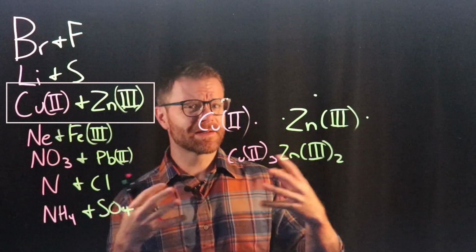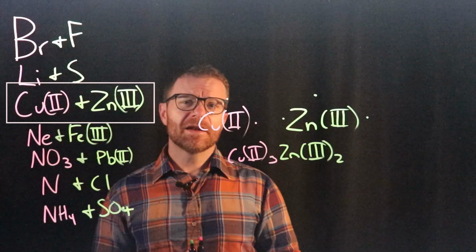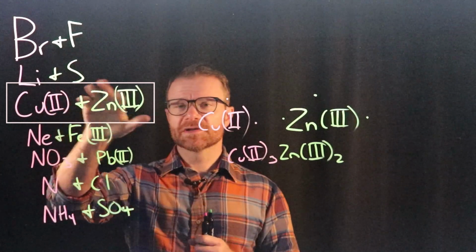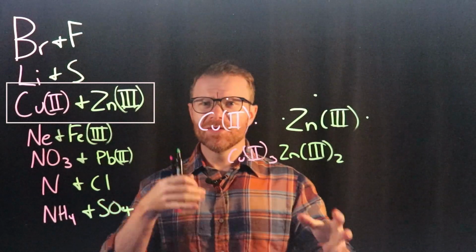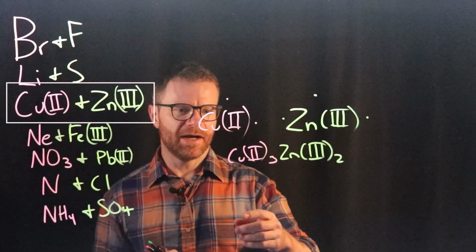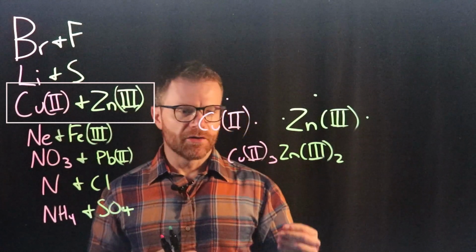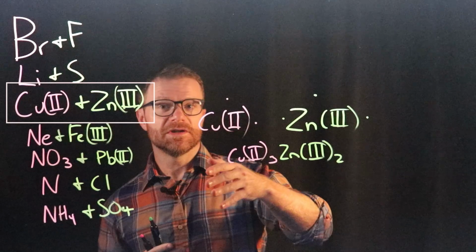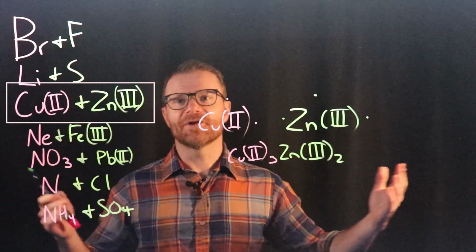It's going to be some mix of copper and zinc, but it's not going to be locked in at whole numbers like with our lithium sulfide, because you can use all different amounts of copper and zinc and still have a stable molecule. You could have just CuZn, or you could have CuZn2, or CuZn3, or CuZn4, or Cu4Zn2, or whatever.